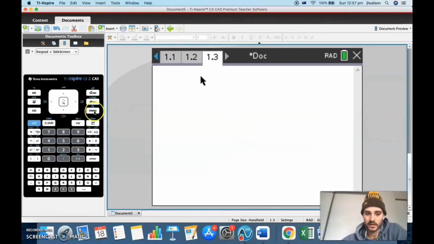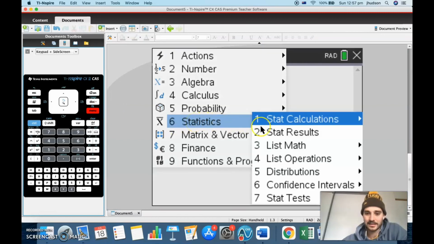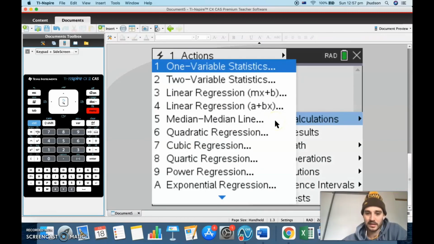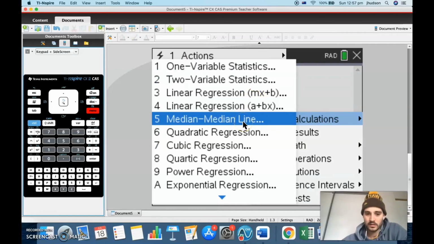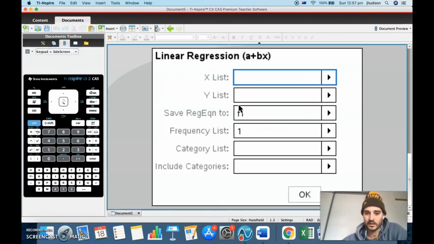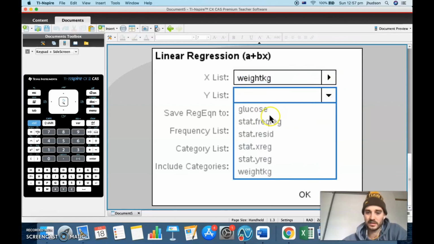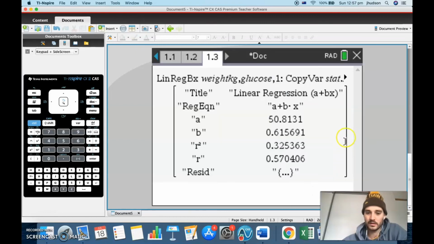All right, so we're going to go menu, statistics, stat calculations, and which one are we looking for? Linear regression, and this one here. And you need to tell it which is your explanatory variable, which is going to be weight, which means the other one's glucose. There we go. So there's your R value just there.